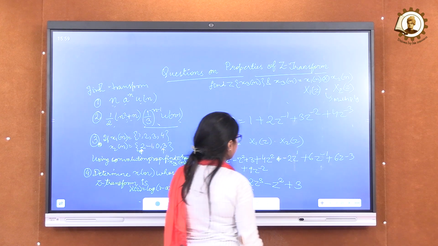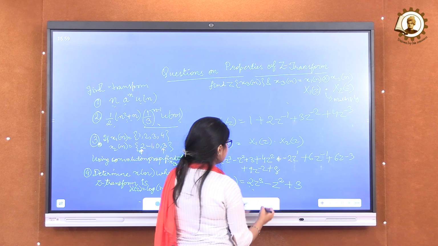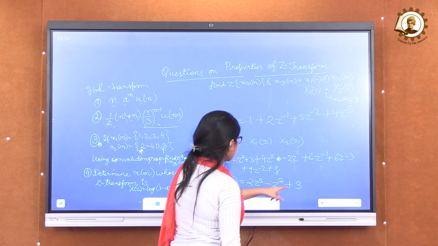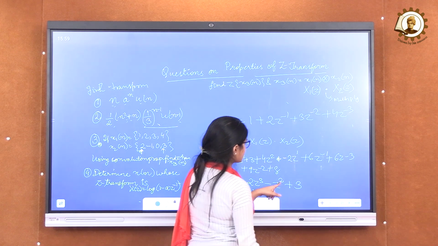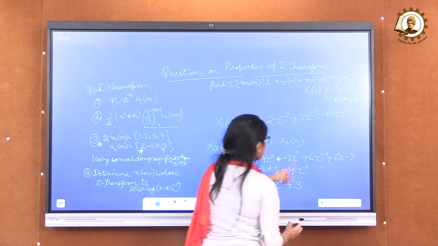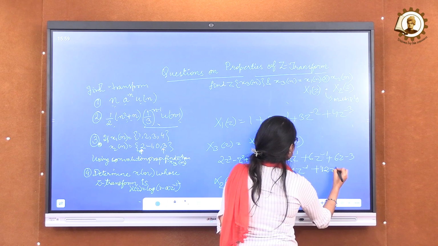Finally, 4z to the power minus 3, if you multiply with this one, 8 you will get here, plus 3 minus 3 will become 0. Now 4z to the power minus 3 and this is z square, so that will become minus 4z to the power minus 1, and this last one is going to be 12z to the power minus 3.